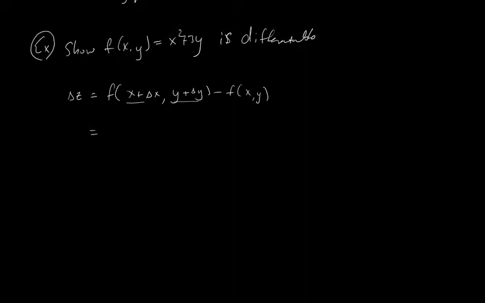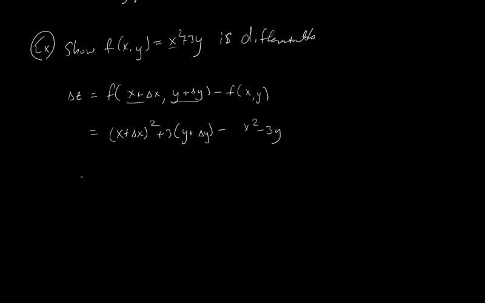So this is equal to x plus delta x quantity squared plus 3 times the y value here, which is y plus delta y, minus f of x, y, which is just x squared plus 3y. So distribute the negative, and we get this.